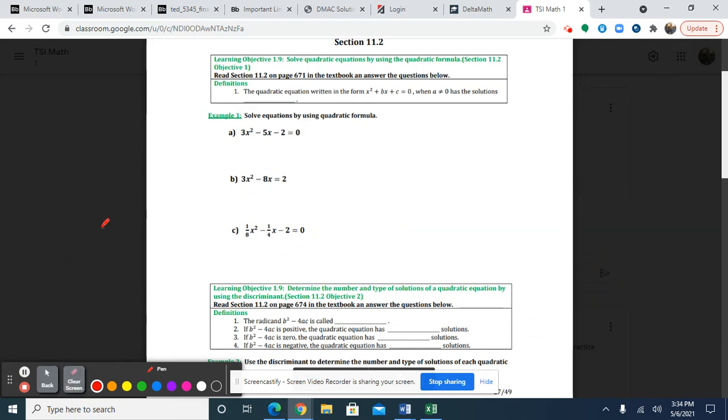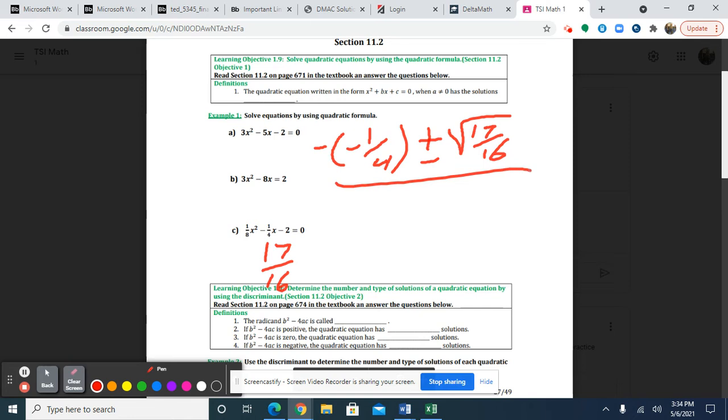Now the discriminant for this fraction was 17 over 16. Again, what we want to do is start off with our negative 1/4 plus or minus the square root of 17 over 16, over 2 times 1 over 8.